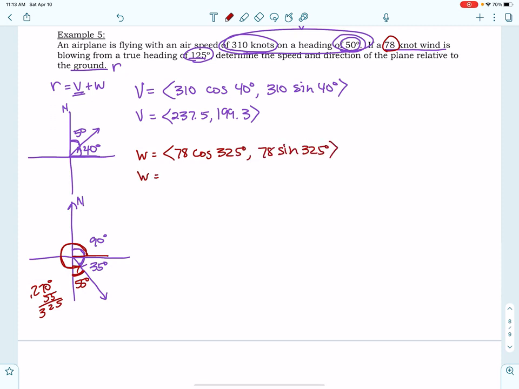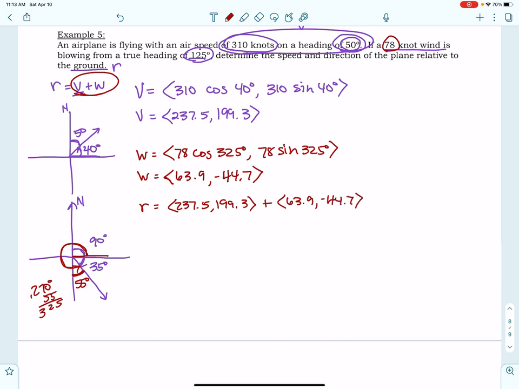Then, of course, I just type these separately into my calculator, and I get 63.9 and negative 44.7. And then, of course, I have to find this relationship. So R is equal to 237.5 and 199.3 plus 63.9 and negative 44.7.